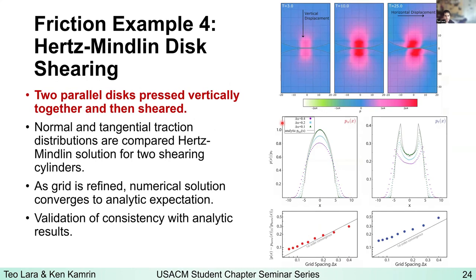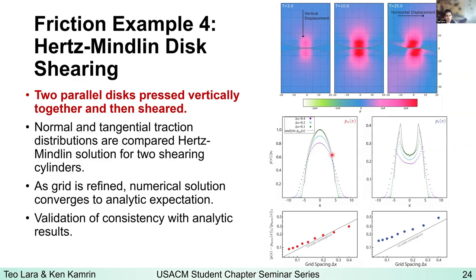One final analytic test is a convergence to this Hertz-Mindlin disk shearing test. So we have two disks in space that are pressed together vertically and then sheared horizontally. There is an analytic solution for the normal and tangential components of the traction in the case of small deformations.